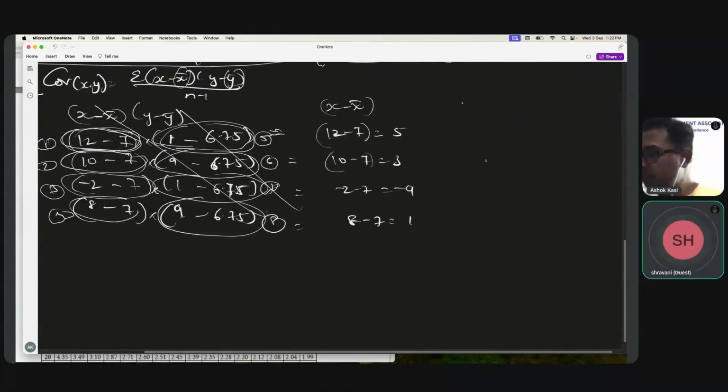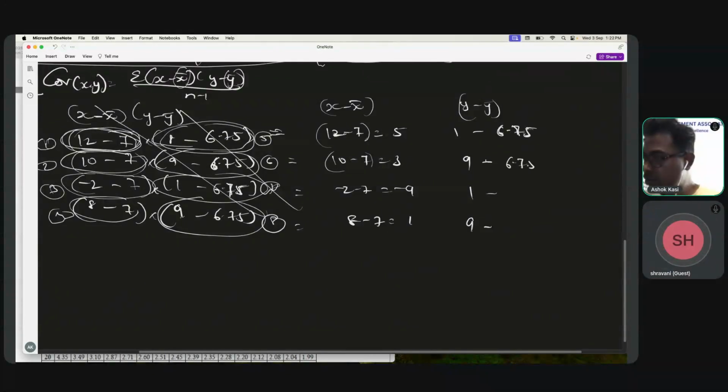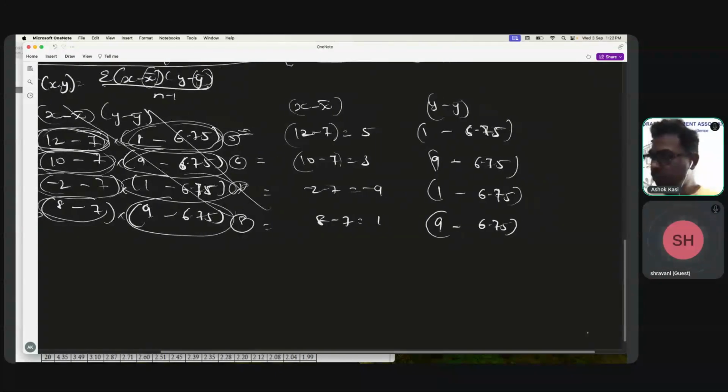Okay, then y minus y bar. So y minus y bar, 1 minus 6.75. So the first one is 8 minus 6.75.